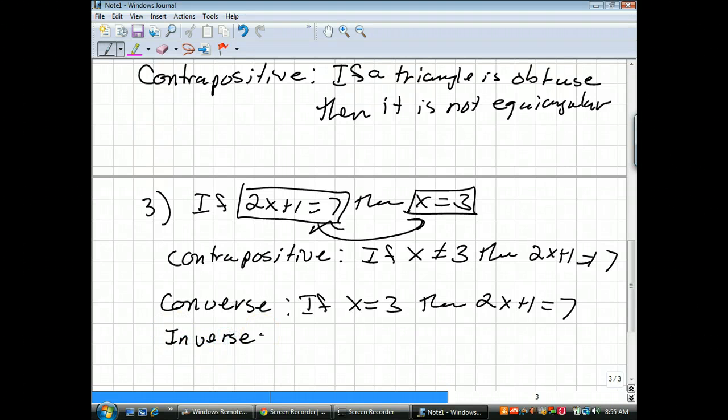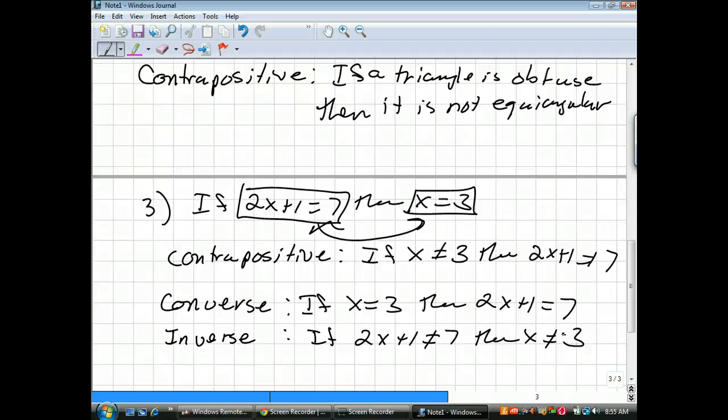Well, the inverse comes from just taking the original statement and just negating and not switching anything. So if 2x plus 1 is not equal to 7, then x is not equal to 3. Okay? Would be the inverse.